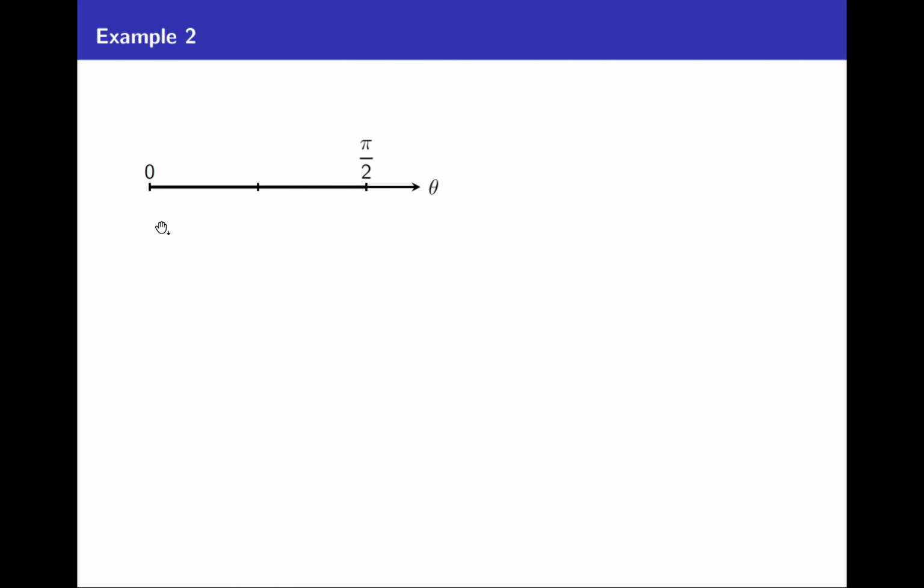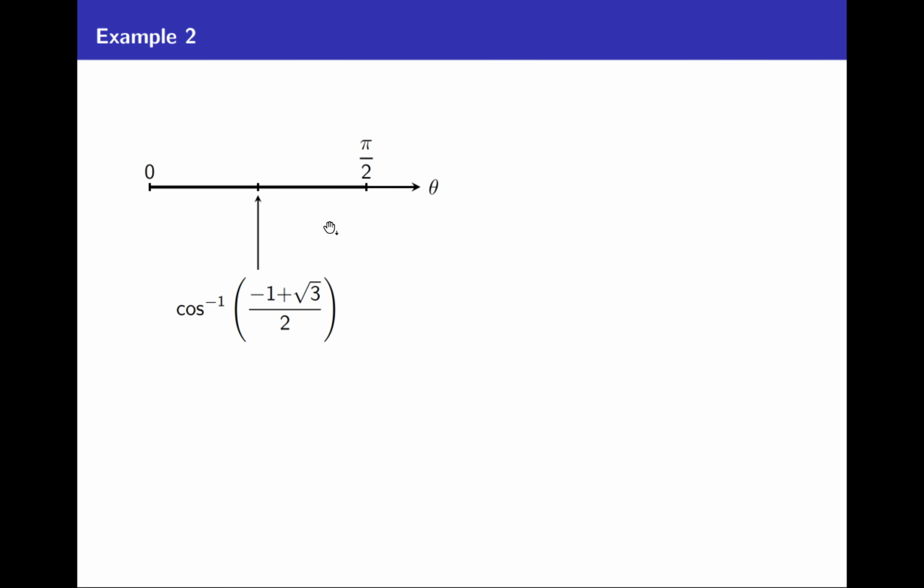So now let's plot that critical point on the number line. Remember, our interval was from 0 to pi over 2. We're looking to maximize this function A of theta on the interval from theta equals 0 to pi over 2. And our critical point would be somewhere in that interval. So our critical point is cosine inverse of the expression negative 1 plus square root of 3 over 2, somewhere in this interval.